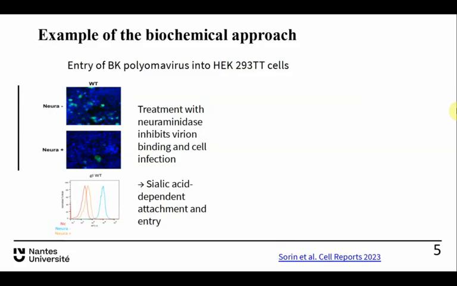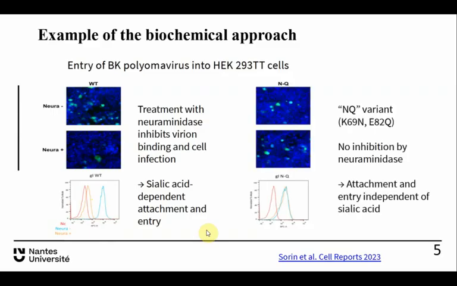So we've got cells infected with the wild type pseudovirus. You can see the infected cells here. If I treat them with the neuraminidase, I don't have so many infected cells. And if I look at the binding, this is the non-treated cells. I've got nice binding with this wild type capsid. If I treat them, I don't have any binding. So I've got sialic acid dependent attachment and entry.